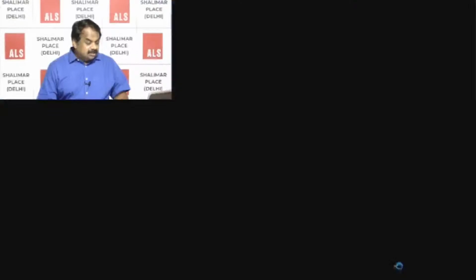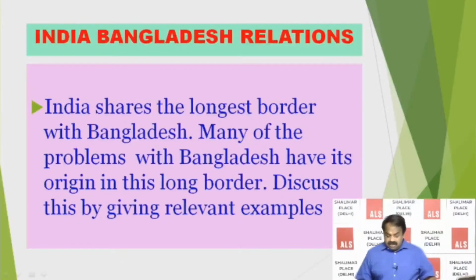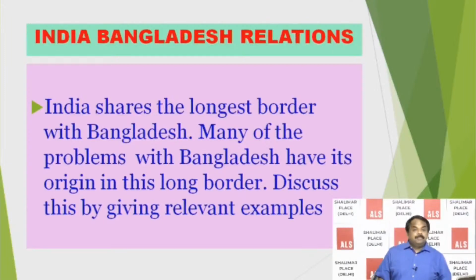Now moving to the next topic, India and Bangladesh. Let me talk about India-Bangladesh relations. With Bangladesh we have more than 4,000 kilometers of border, our longest border, and many of the problems with Bangladesh have their origin in this long border. Most importantly, it is not hilly, it is all in the plains, in cultivable land.